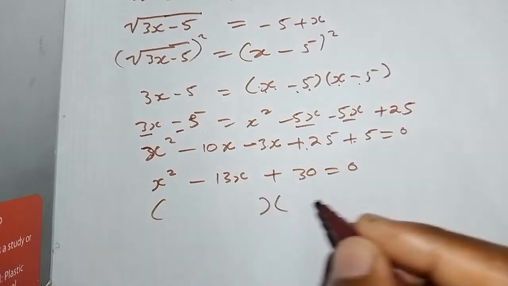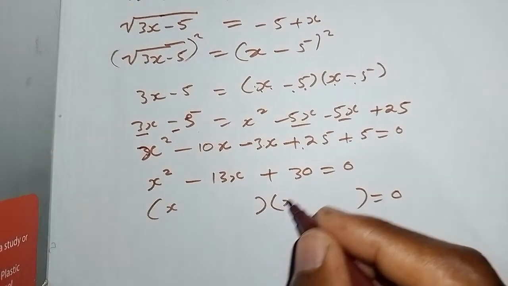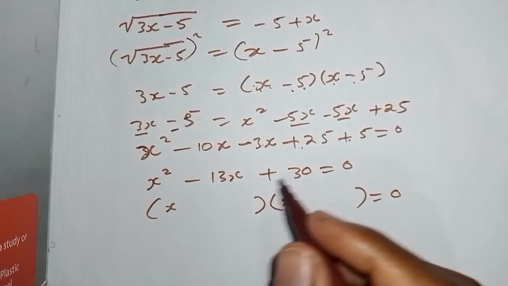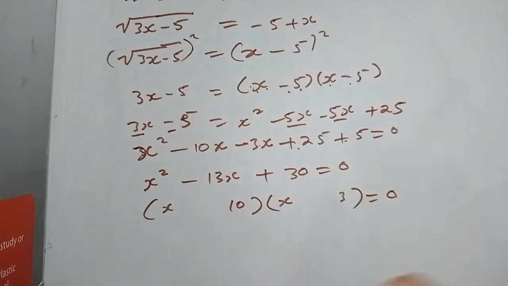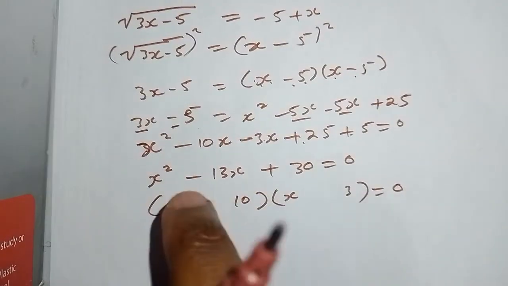Then simple mathematics. I need factors. I know when I multiply 10 and 3 it will give me 30, and when I say 10 plus 3 it will give me 13.